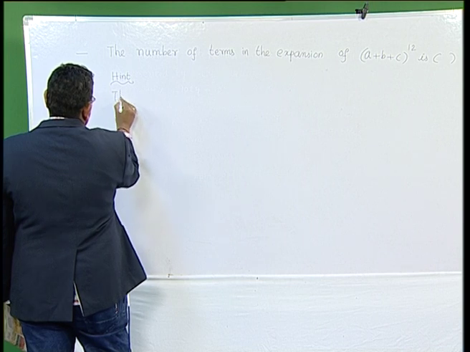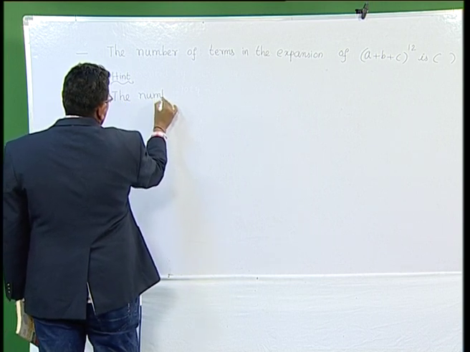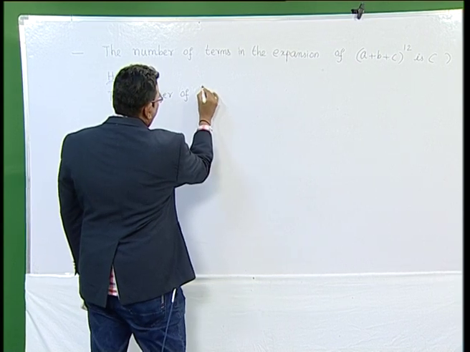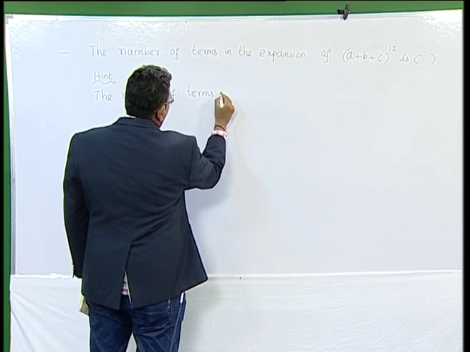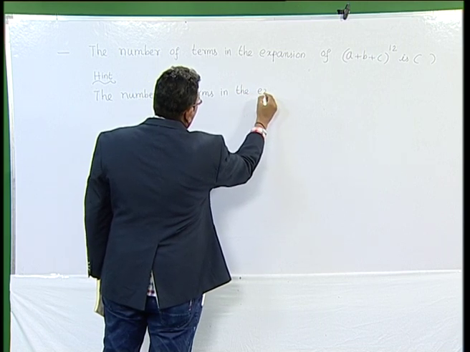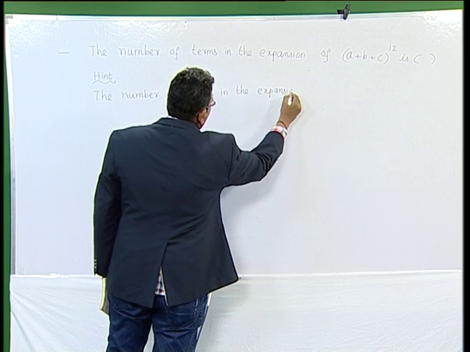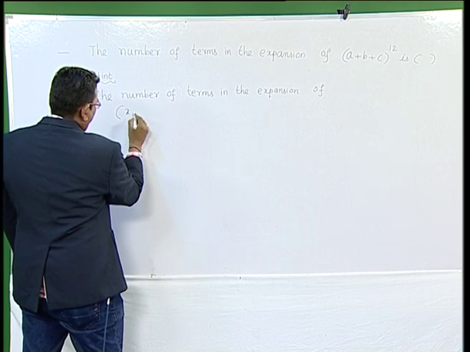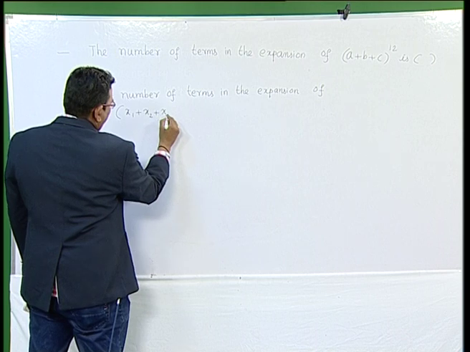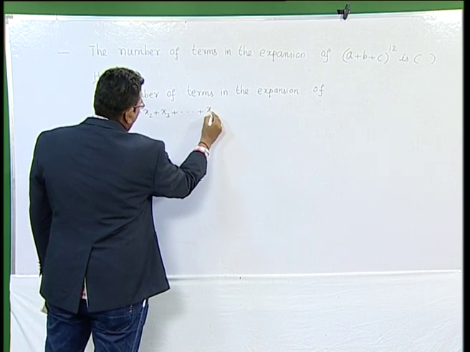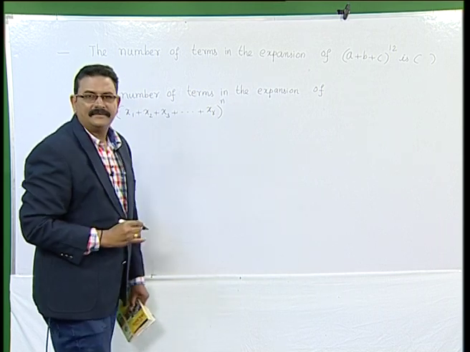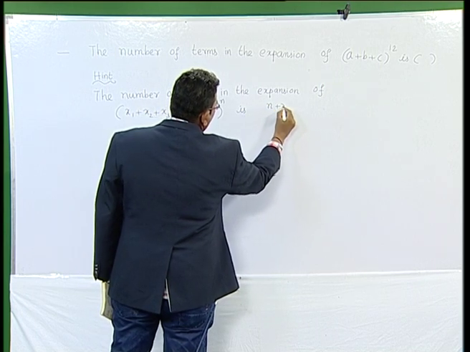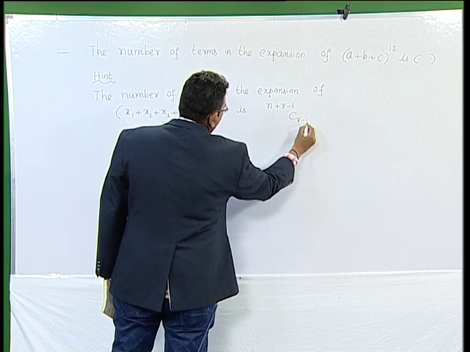The number of terms in the expansion of (x1 plus x2 plus x3 plus so on, up to r terms xr) whole to the power of n is given by n plus r minus 1 C r minus 1.